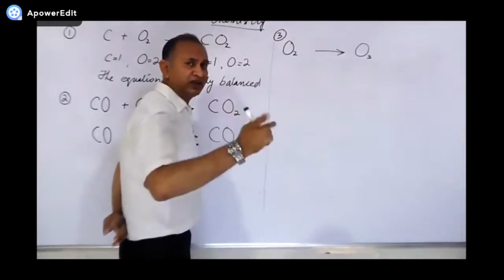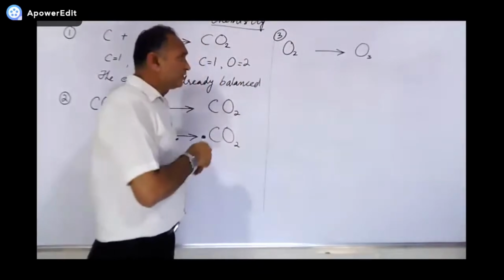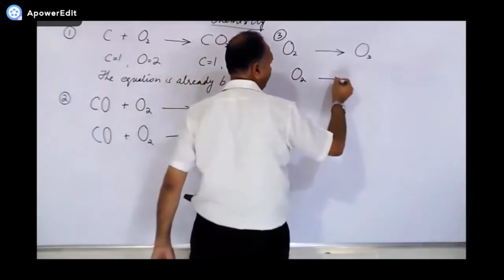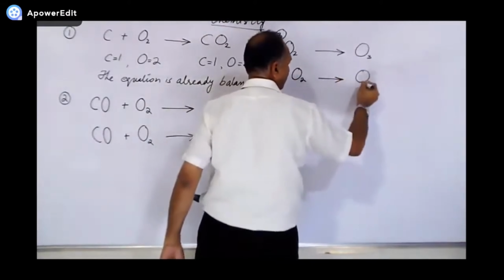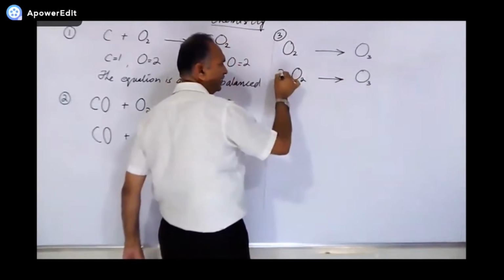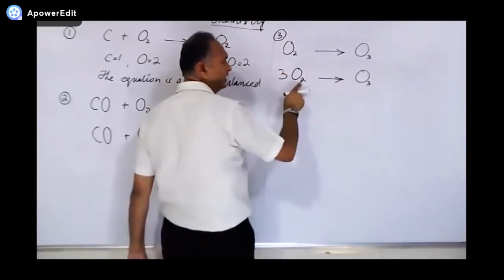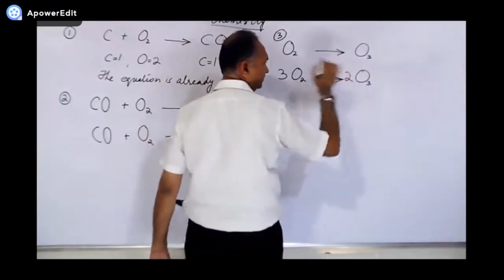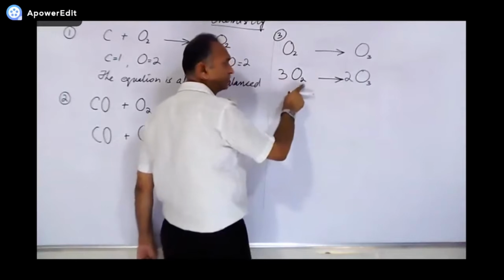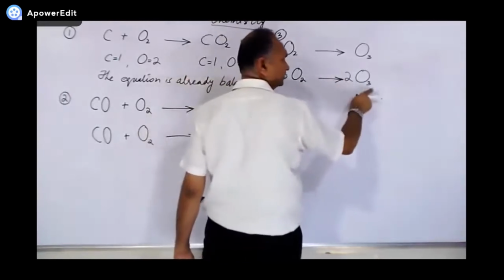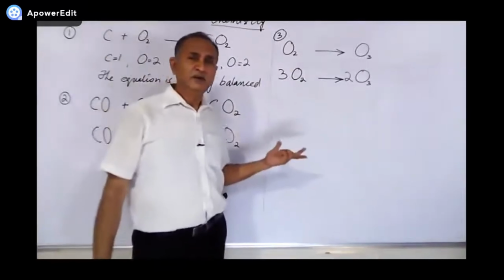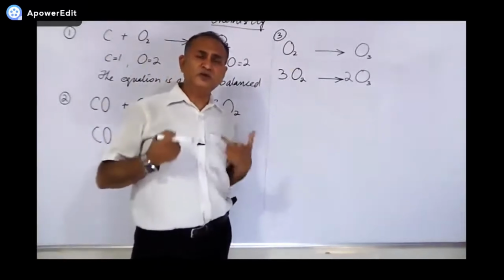They will exchange their coefficients. What's the coefficient here? 3. What's the coefficient here? 2. Now how many oxygen on the left side? 3 2s are 6. How many oxygen on the right side? 2 3s are 6.